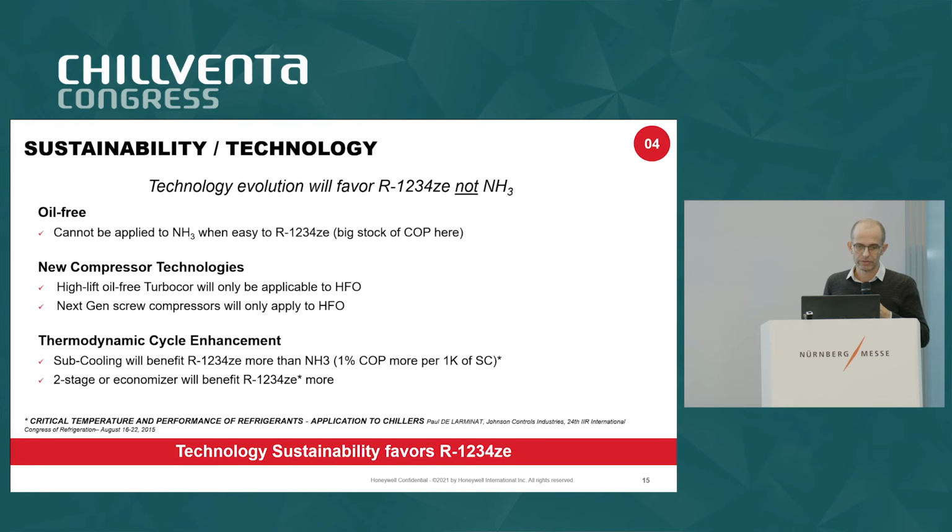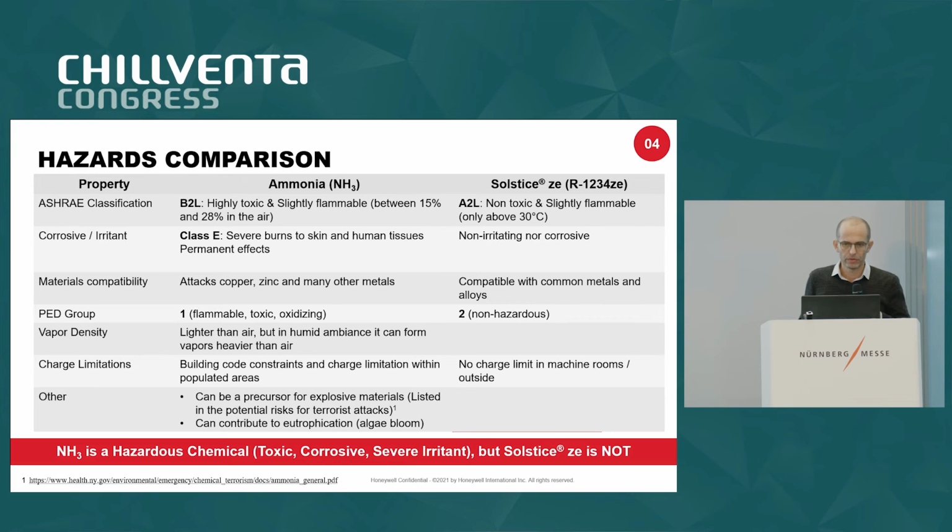You can see also the references at the bottom of this slide. So a quick view, a comparison between ammonia and Solstice ZE. In fact, there is nothing new here. We can see that there are a lot of advantages from a refrigerant point of view to use ZE versus ammonia. We don't have the toxicity problem.